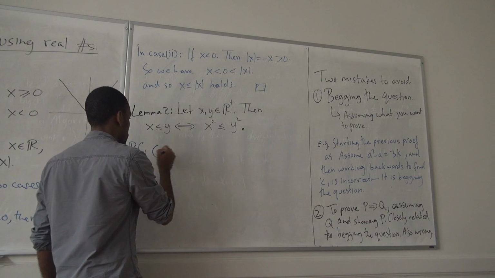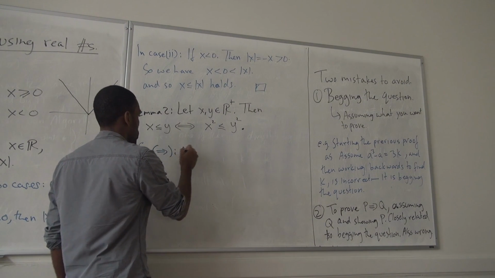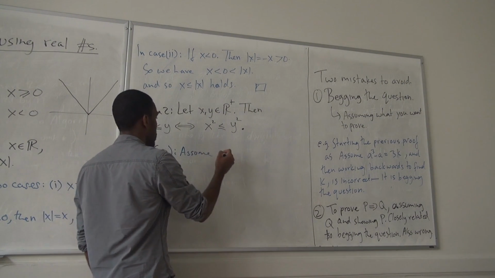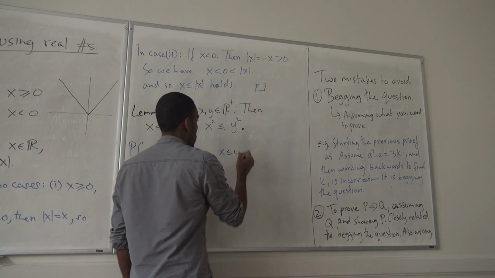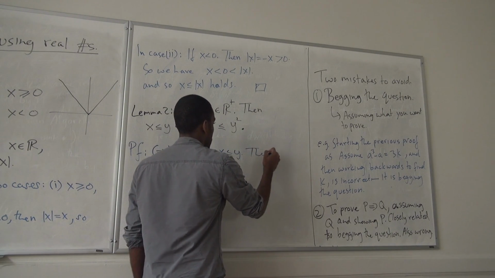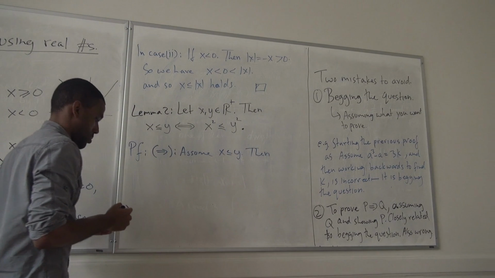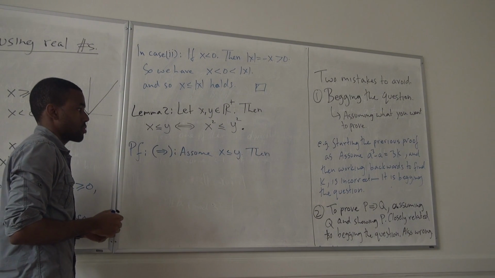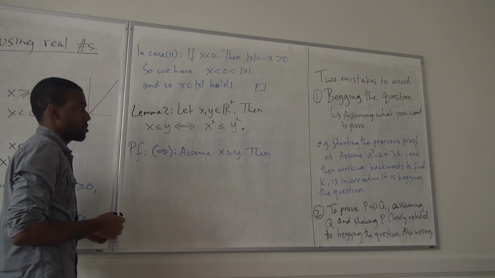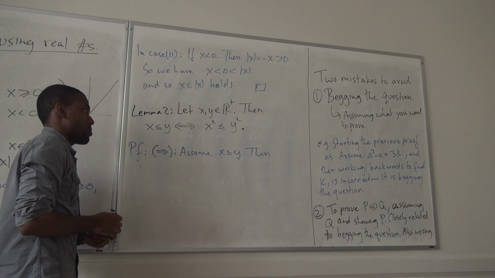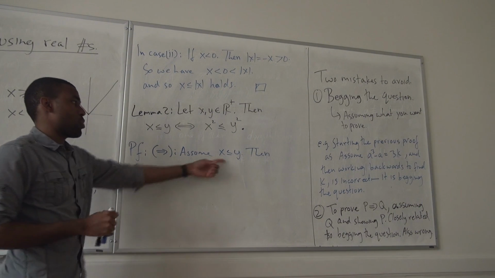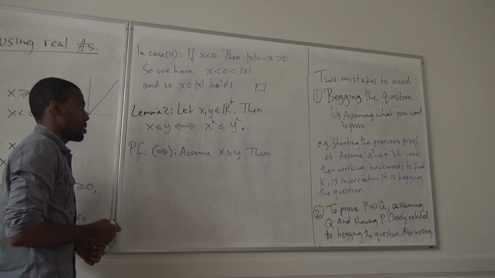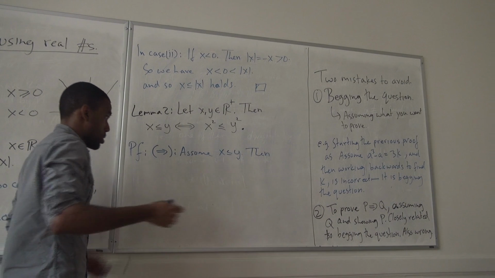All right. So assume directly x is less than or equal to y, then square both sides. Well, you can't square both sides. Sorry, not square, but multiply both sides by x.